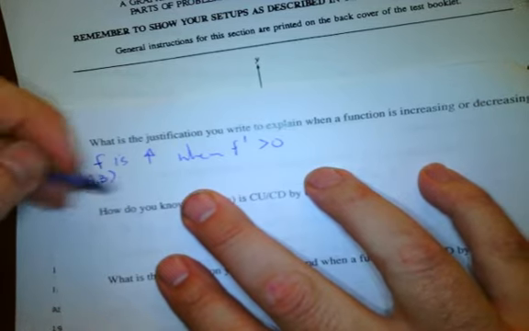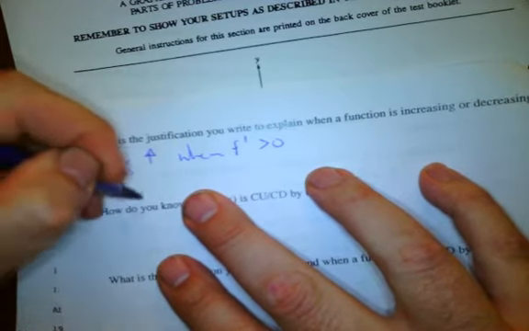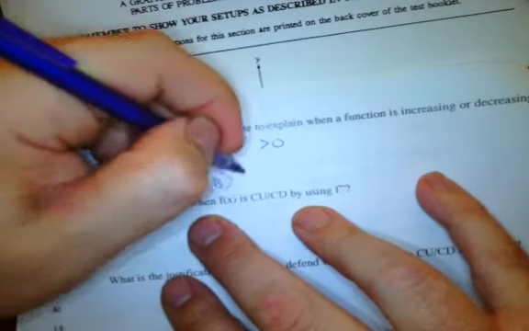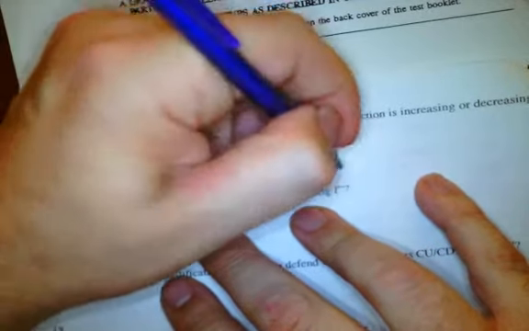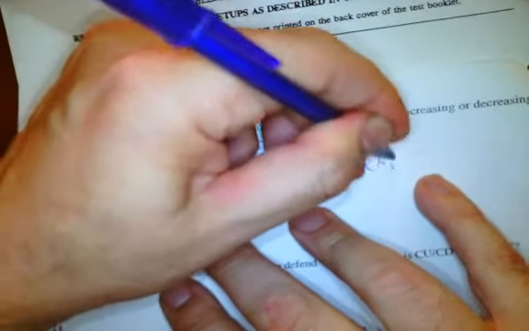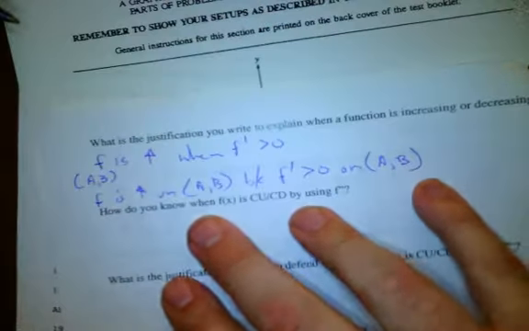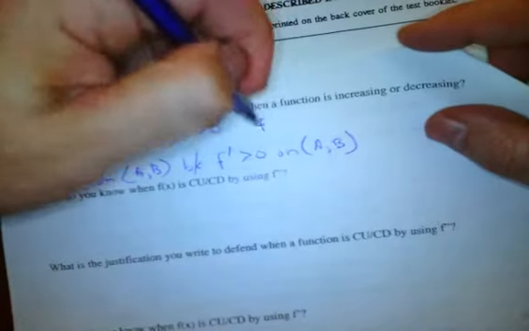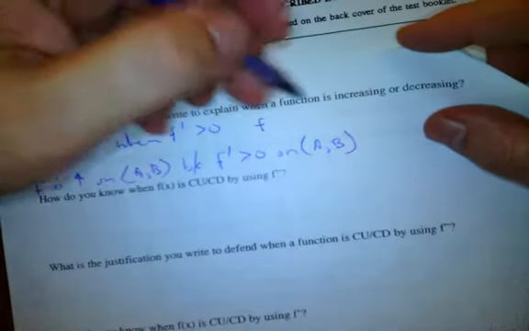A justification sentence, for example, if our function is increasing on the interval from a to b, I might say f is increasing on a to b because f prime is greater than 0 on a to b.